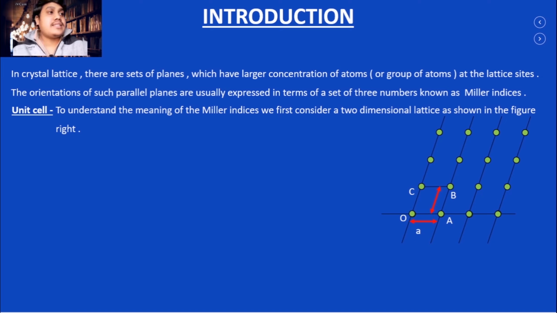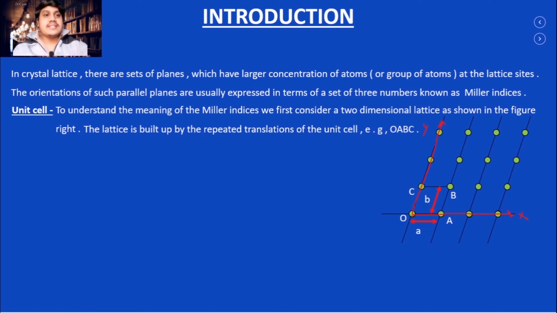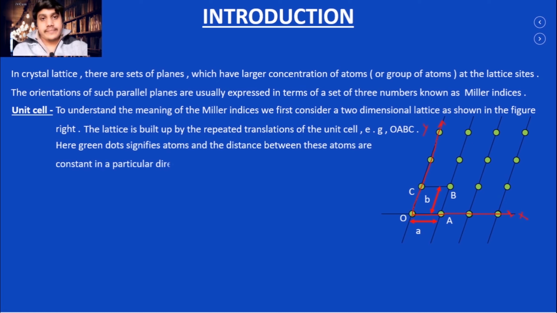This is the x-axis, and this line here suggests the y-axis. The distance between two adjacent atoms along the x-axis is A and along the y-axis is B. The green dot suggests the atoms, and the black line suggests the array of the atoms. By repeated translation of the unit cell, we can create the whole structure of the solid.